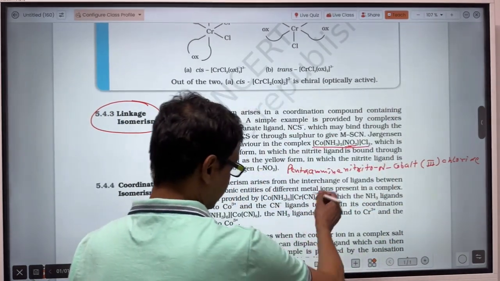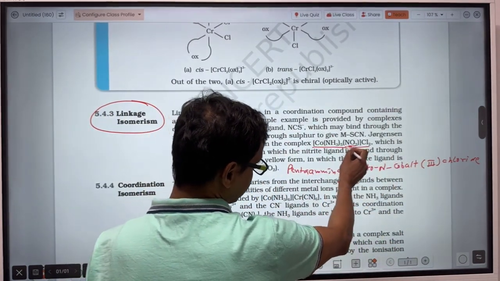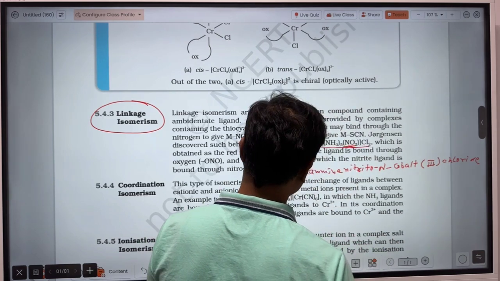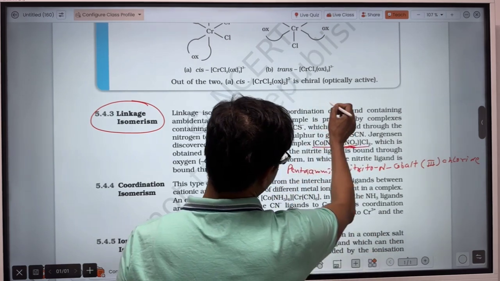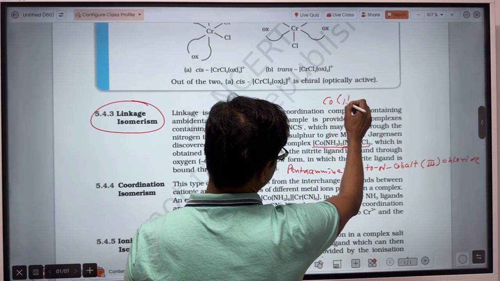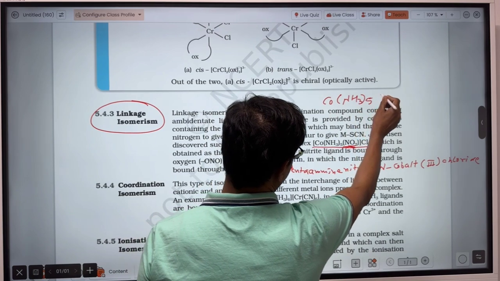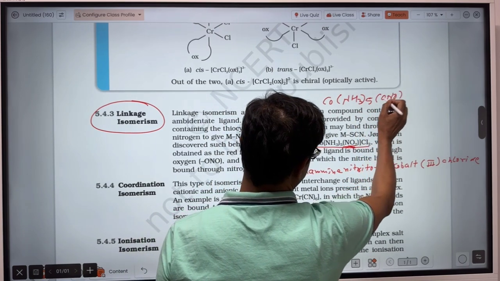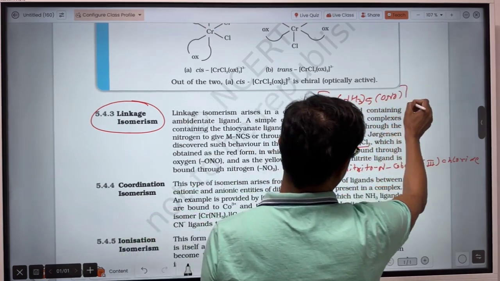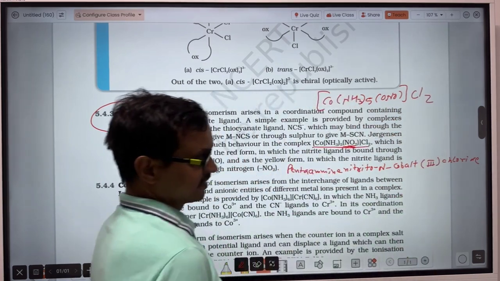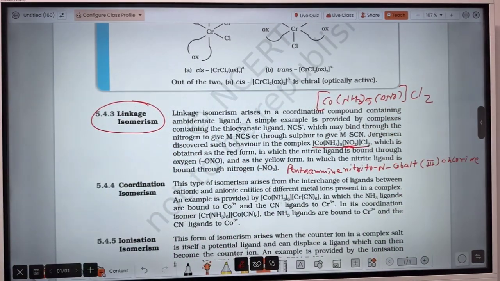Now, if in the place of that there is ONO, that will be written like this. So the IUPAC name will be different.